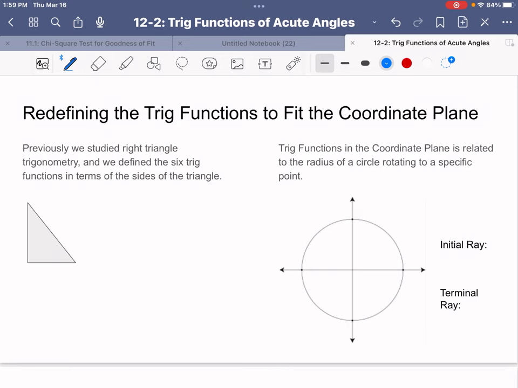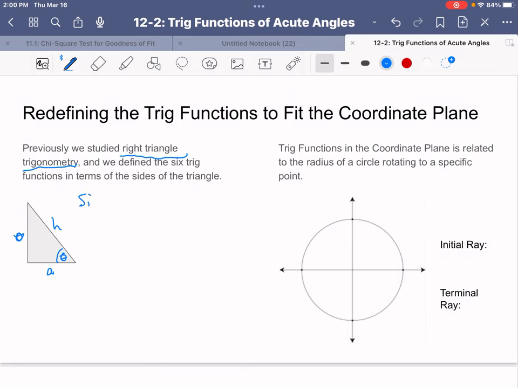So we already know right triangle trigonometry. In right triangle trigonometry, we have 2 acute angles. I pick one of them, and let's say I call it angle theta. Relative to that angle theta, we would refer to this side as the opposite side, this side as the adjacent side, and this side as the hypotenuse.